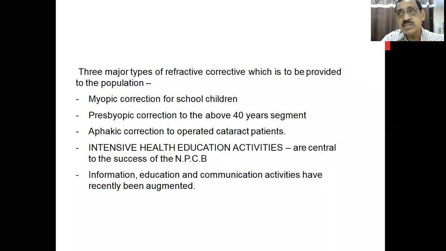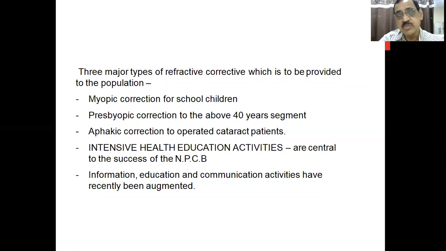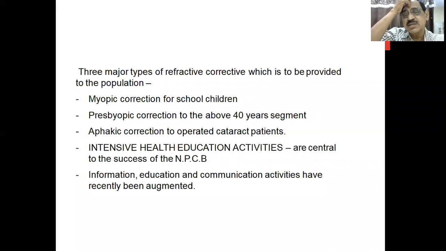In adults after 40 years, because of the receding of the near point, these people will not be able to read normally like the younger children. So presbyopic correction with a convex lens is to be given. And aphakic correction, as I said, is nowadays not needed because in most cases we are doing extracapsular cataract extraction.